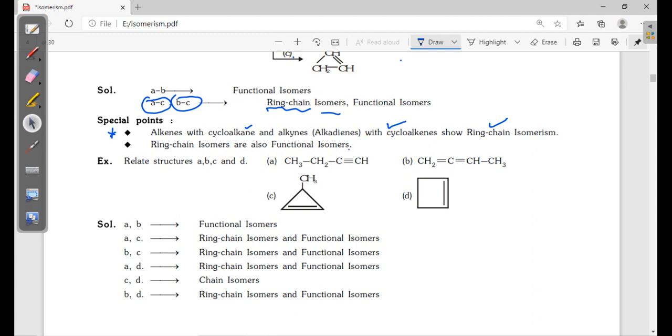See here, 3 bonds total means 2 pi bonds are there. 2 pi bonds means 1 pi bond plus 1 ring. Like this, total 2 pi bonds, or 1 ring plus 1 pi bond. So these both are equal.